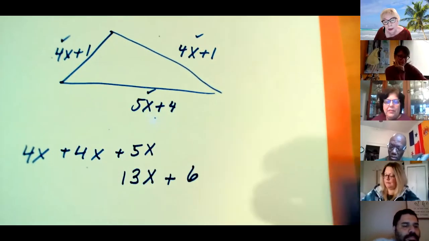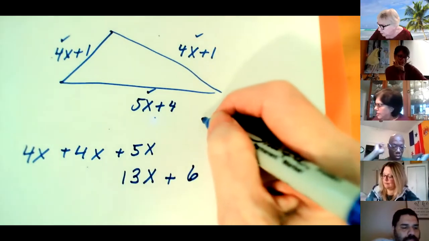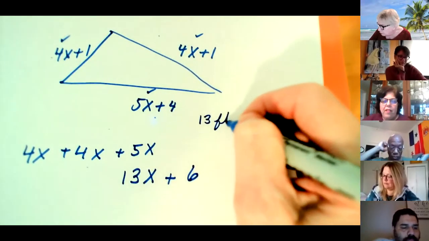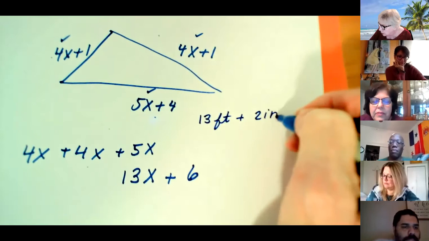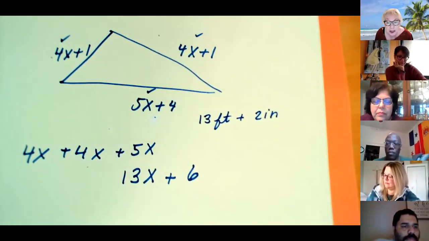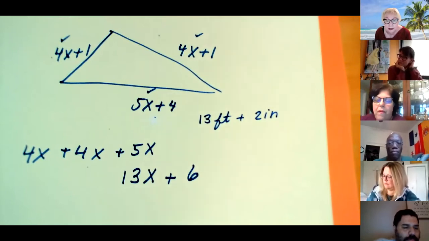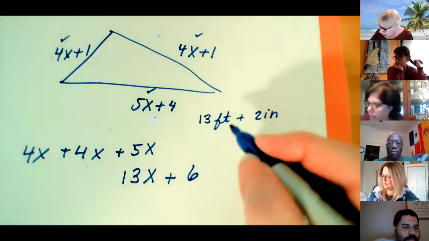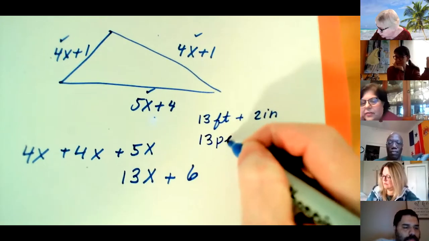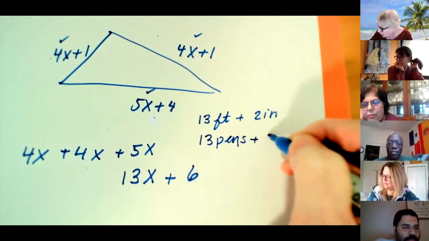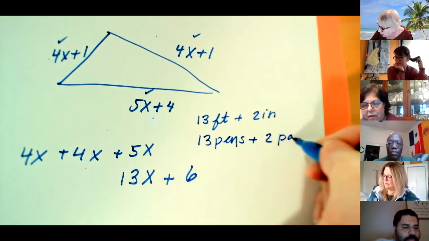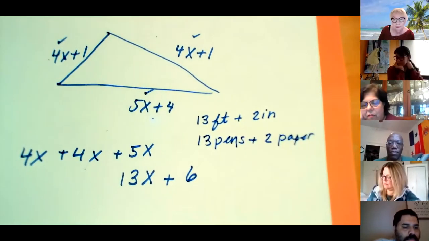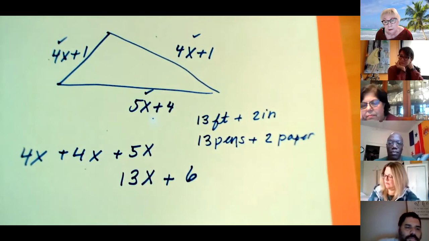This boiled down to, if we had 13 feet and 2 inches, we couldn't add them and say it's 15. No. Could we? Nope. Or worse than that, if I had 3 pens and 2 papers, I couldn't add that and say that's 5 because they're not alike.